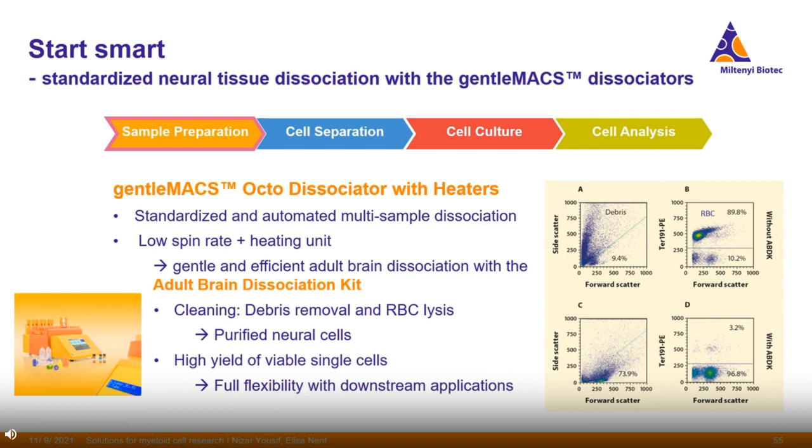And our Adult Brain Dissociation Kit works together with the gentleMACS Octo Dissociator with Heaters and includes a step for debris removal and red blood cell lysis. This helps to remove the debris efficiently and also removes the red blood cells without the need of performing animal perfusion. As you can see also here in the figure, it results in a high yield of pure neural cells.